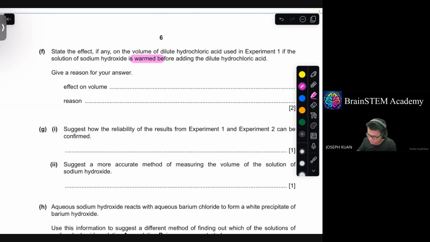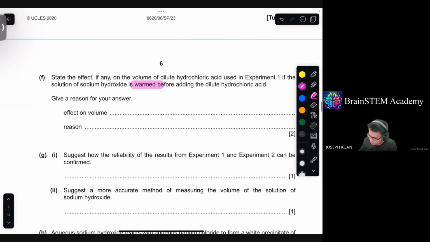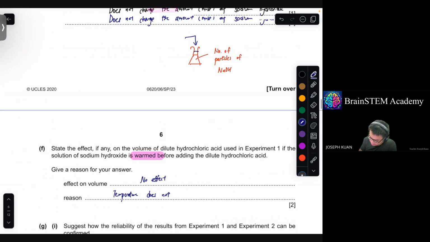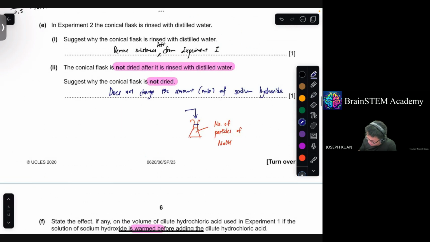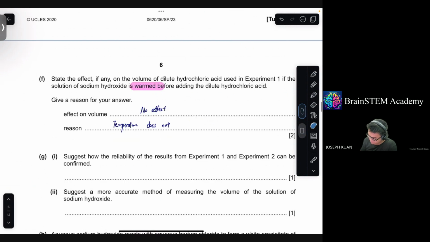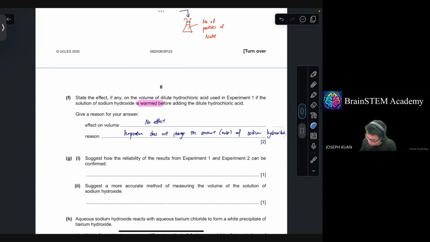The amount of sodium hydroxide is still there, it's not changing at all. So there will be no effect. Why? Because temperature does not change the amount, or moles, of sodium hydroxide present.